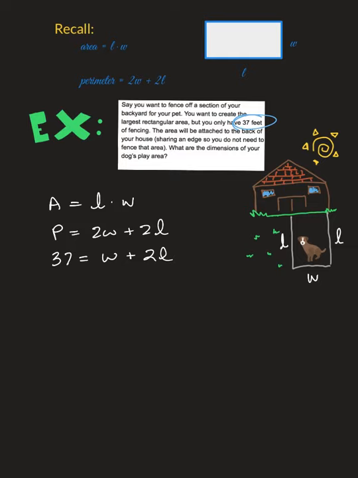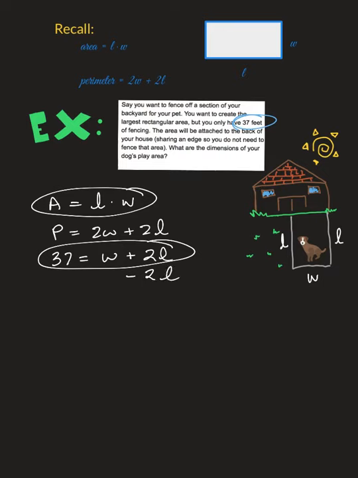Now with both of these equations, we are going to do a substitution. For the second equation, we can solve for W by subtracting 2L from both sides.